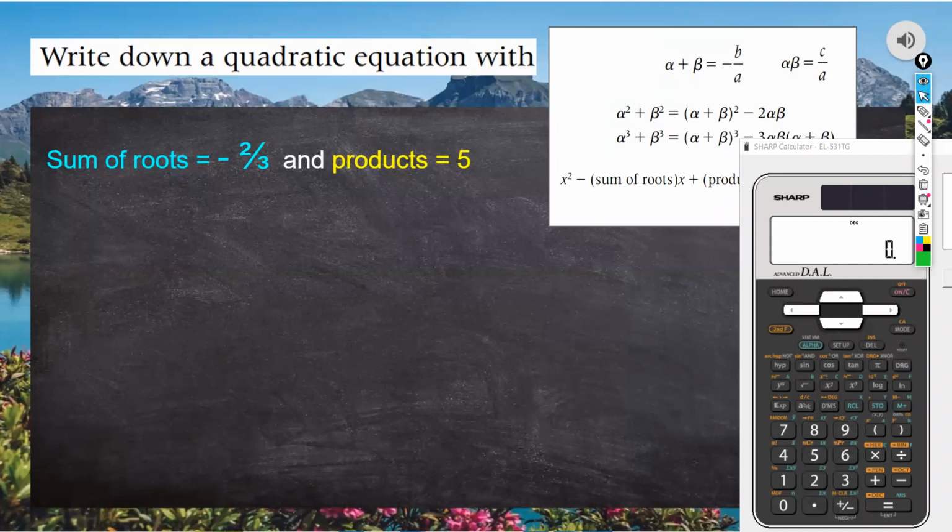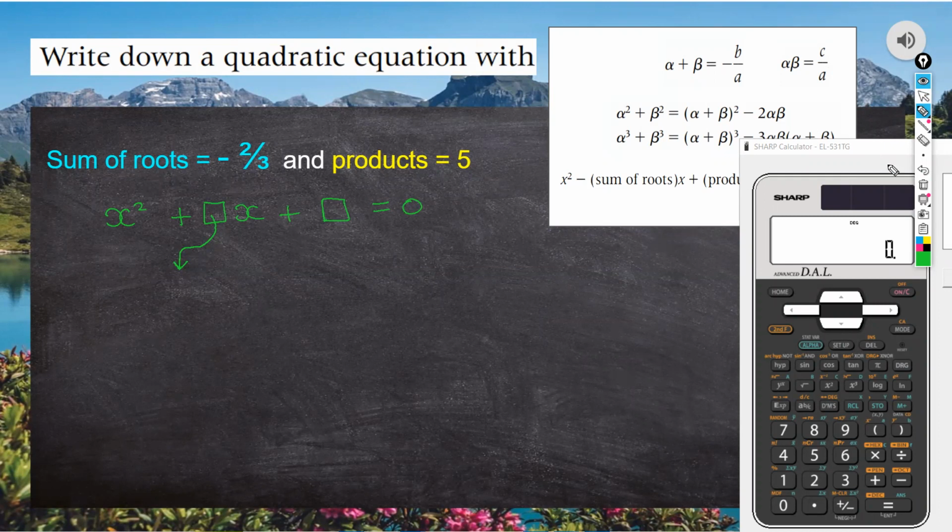All right, so we're trying to get back the original quadratic, right? So it's x squared. You're going to have something touching x here, and then you're going to have something without x here. This question is pretty easy.